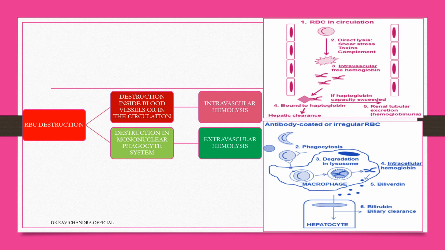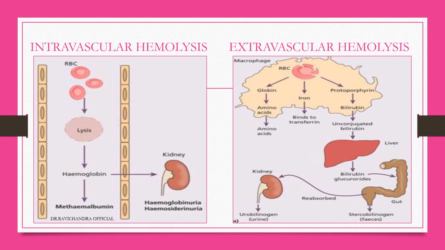In the hepatocyte it is conjugated, and through the intestine it is excreted into the feces as stercobilinogen and in the urine as urobilinogen. This is a picture representing intravascular hemolysis and extravascular hemolysis.